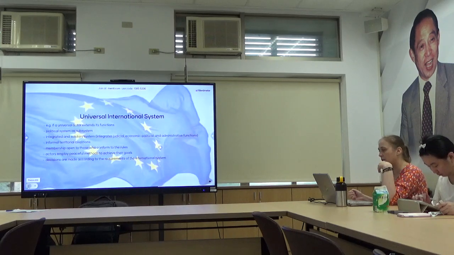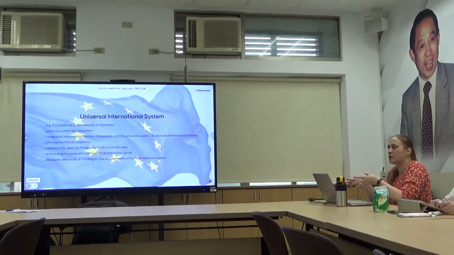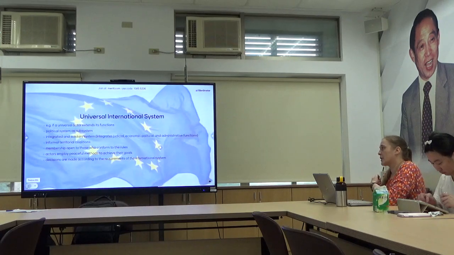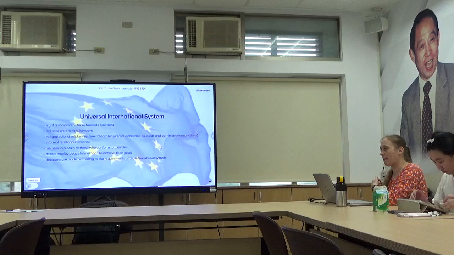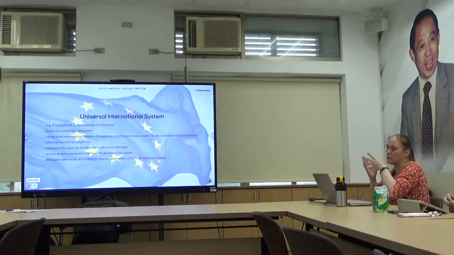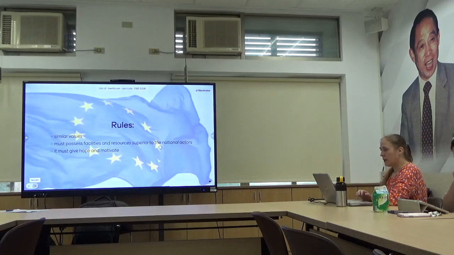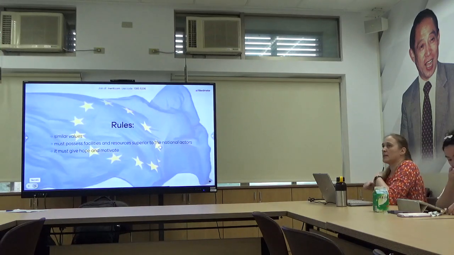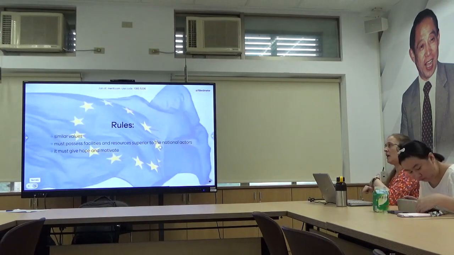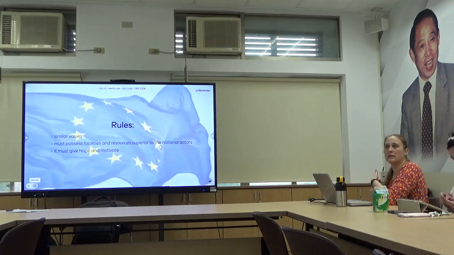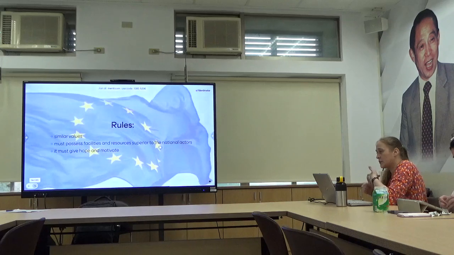And decisions in the individual countries are made according to the requirements of the international system. So the international system is kind of more important than the individual countries. What are the rules? Well, there have to be similar values. If there are no similar values, similar goals, then the countries will obviously not want to be part of it.